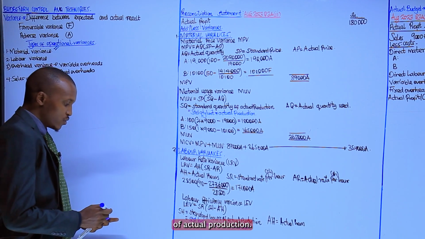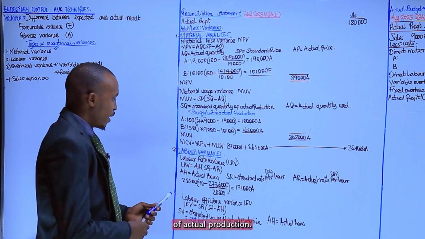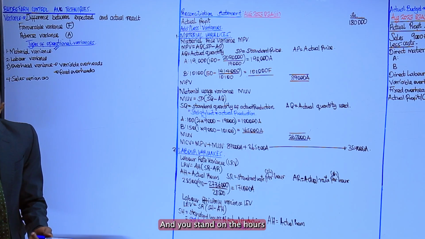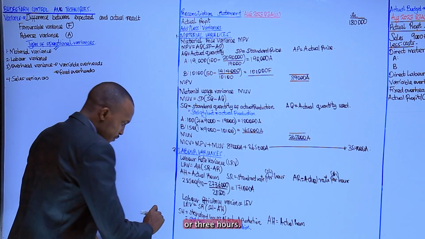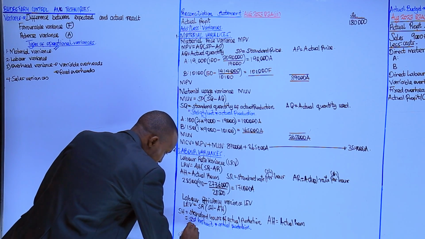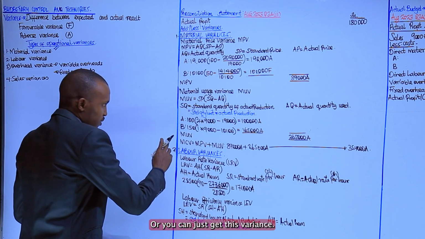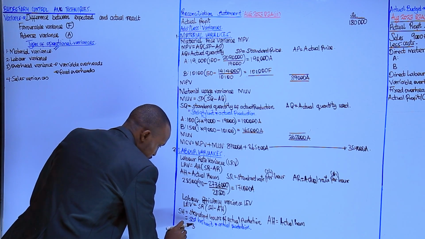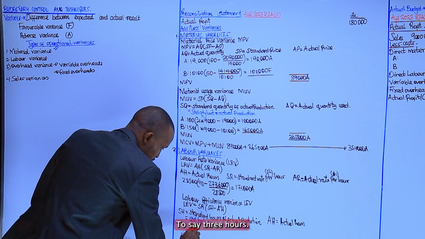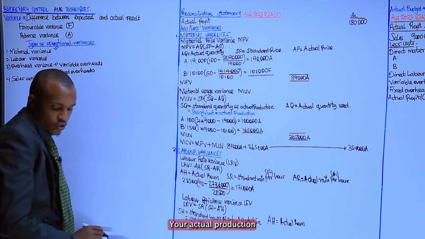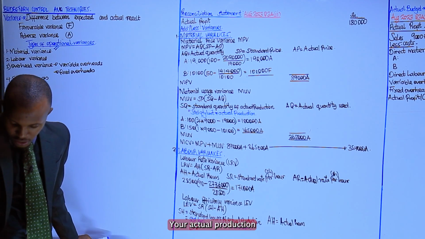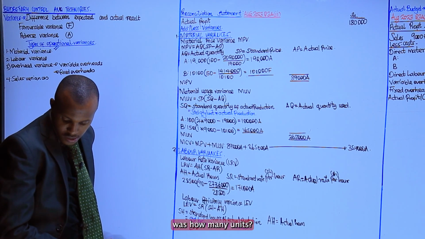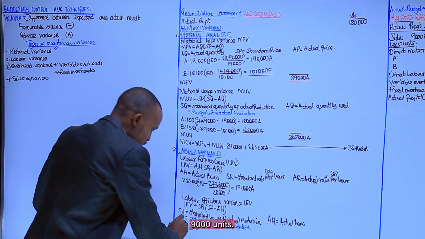So it is the standard hours of actual production, and your standard hours are 3 hours. Your actual production was 9,000 units.